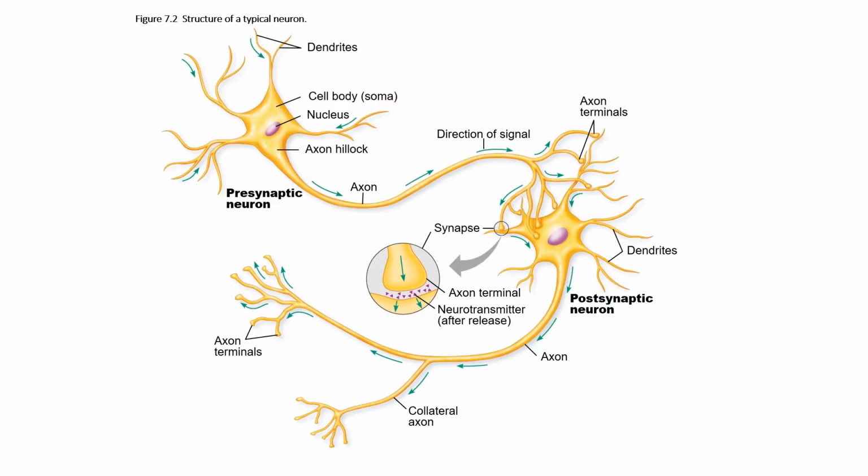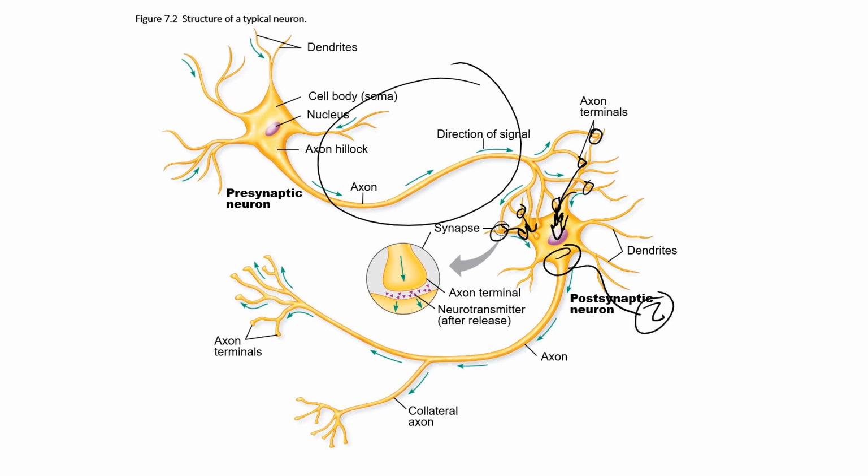And that's happening not in just one location, but from all of these different locations in different dendrites that the presynaptic neuron here synapses with.